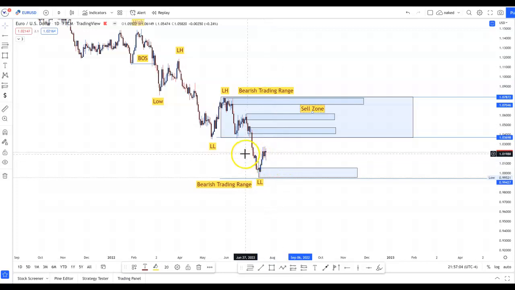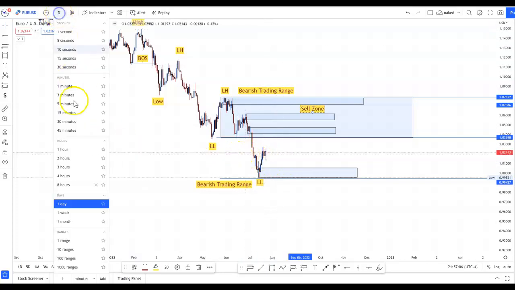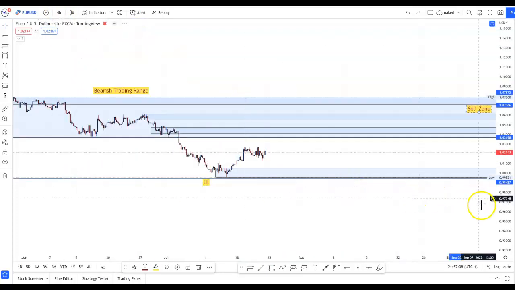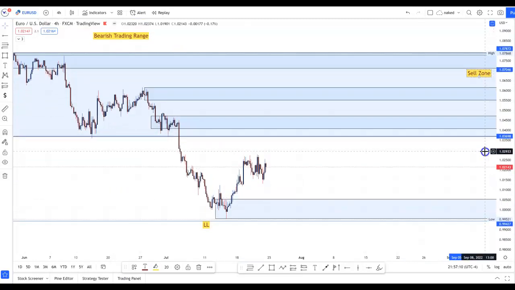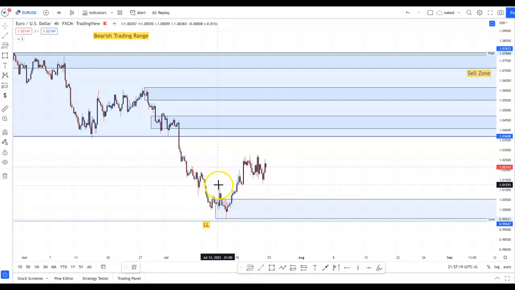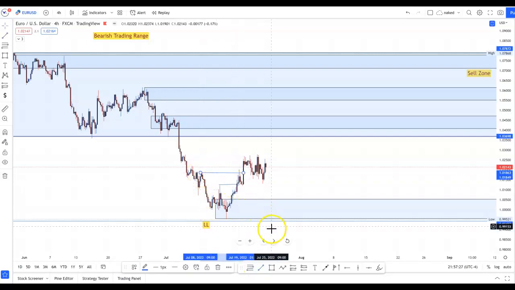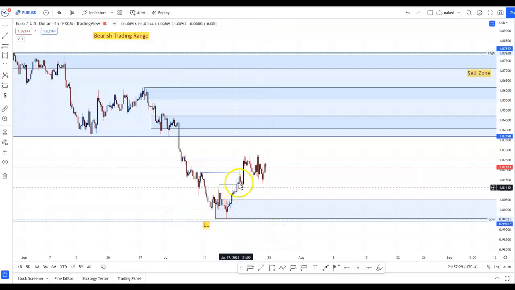All you would have to do is go down to the 4-hour time frame. Since price is moving in an upward direction, we already had a break of structure right here, and another break of structure here. So it lets us know that price is moving in an upward direction.